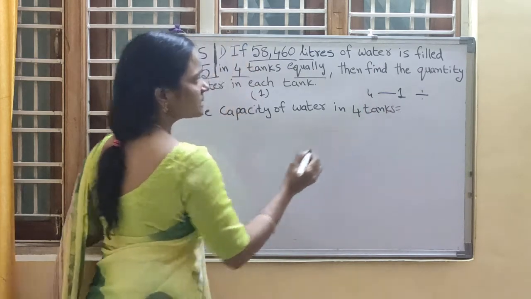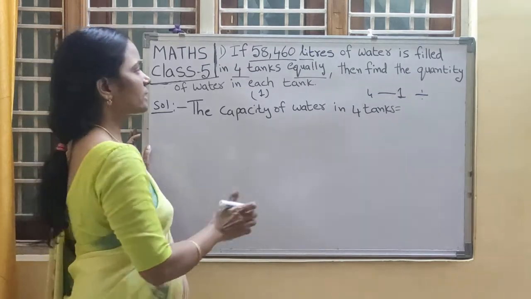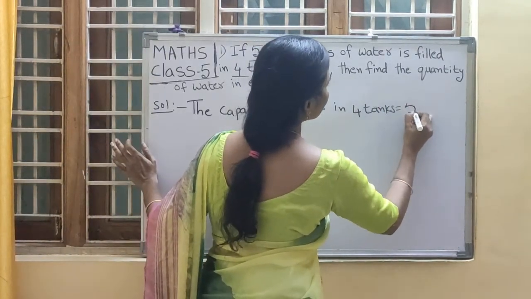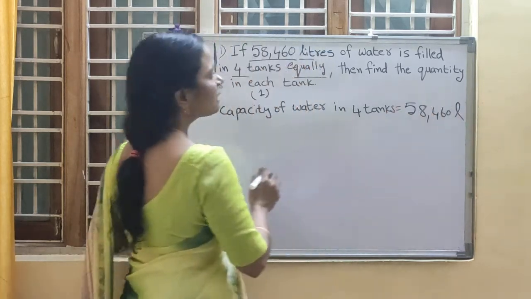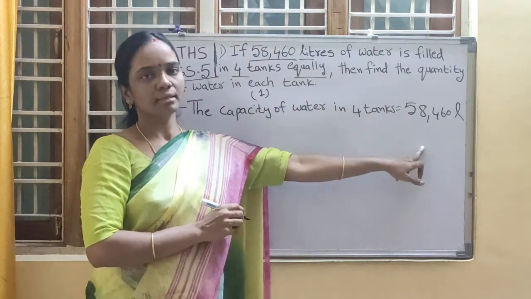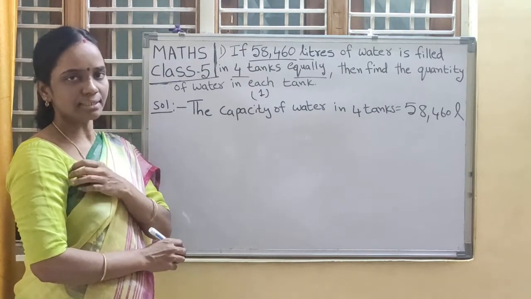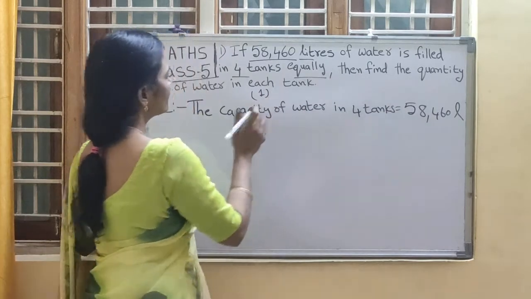How many liters, children? In 4 tanks, how much water is filled? Very good. That is 58,460 liters. L for liters. Water is measured in liters. Liquid is measured in liters, milliliters, like that. Next, what do we have to find? The capacity of one tank.